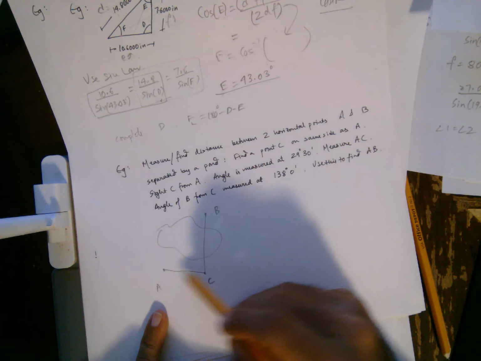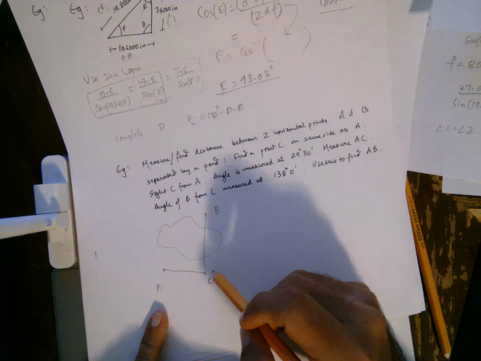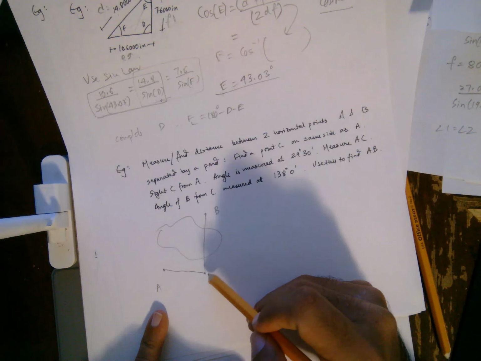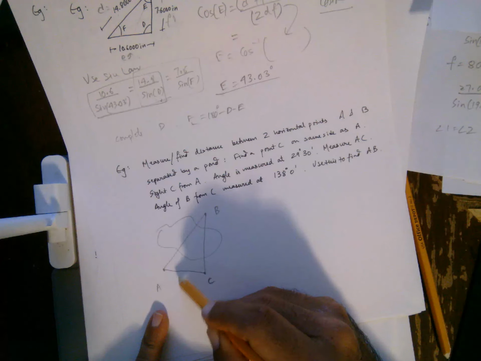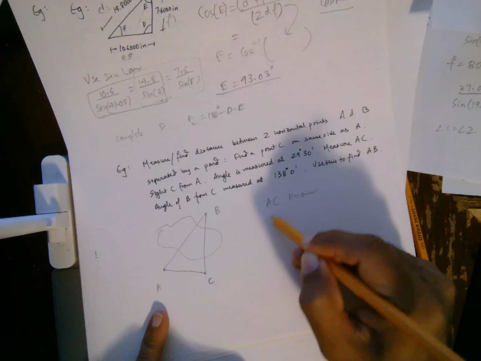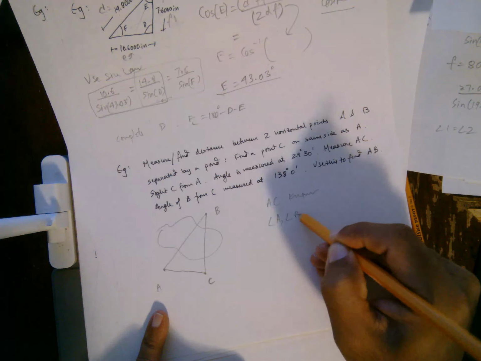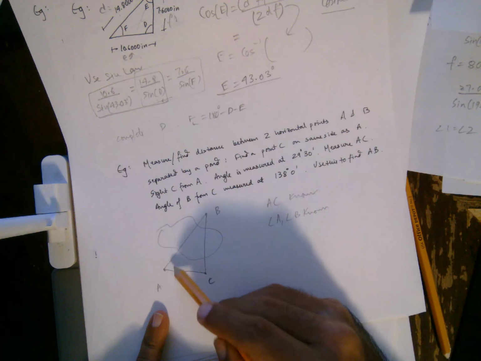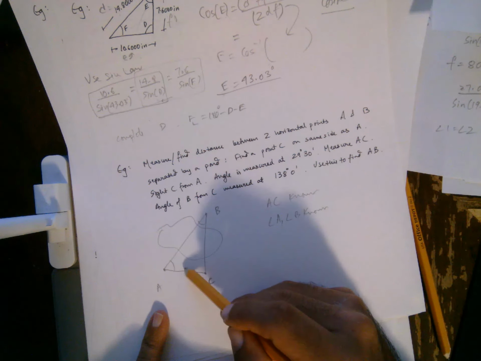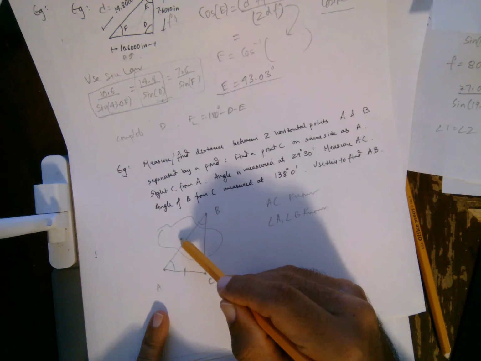And then you measure these angles, so angle A as seen from C and angle B as seen from C. So you have this distance AC, which is known. Angle A, angle B is known. So you know these angles. So using that, you can find this unknown.